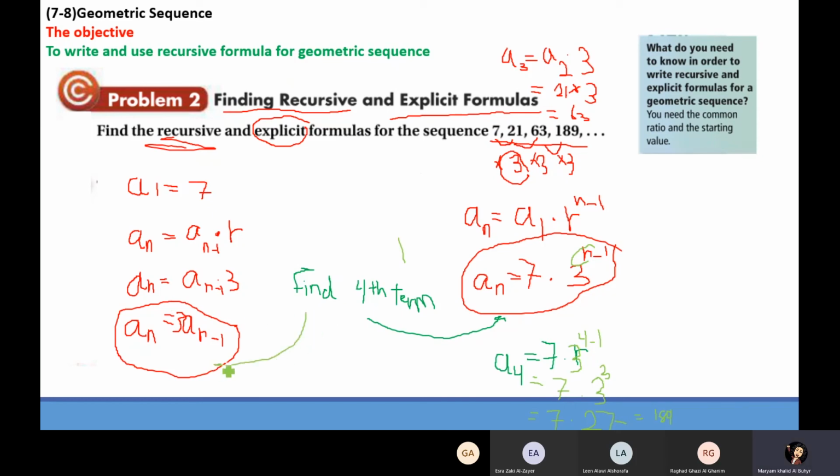So for this one, if I want to find the fourth term, I substitute: A4 equals 3 times, now I'm going to substitute n = 4. So 4 minus 1 is 3, which means the previous term.